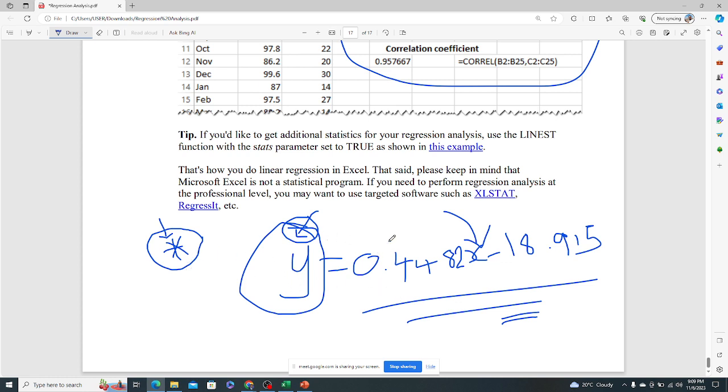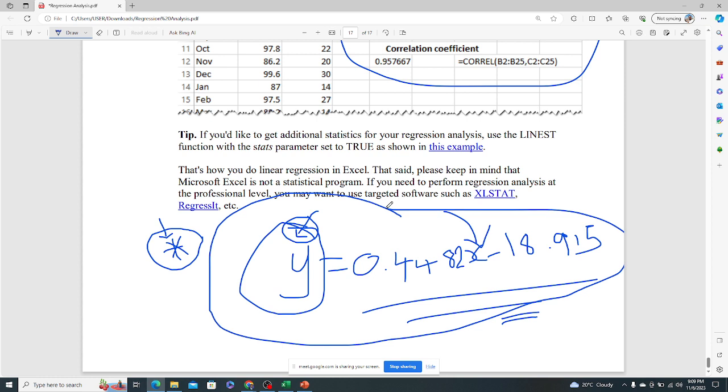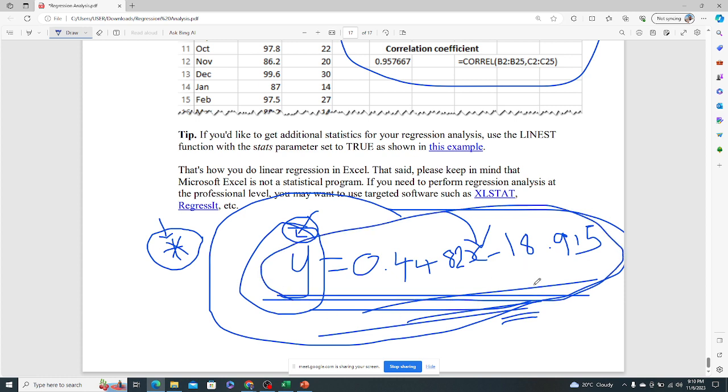Now the good thing is, please make sure you remember this regression knowledge. It is very important, because here we are using Excel to compute this. When you deal with machine learning, the first project or first practical to do will be creating this model using Python programming.